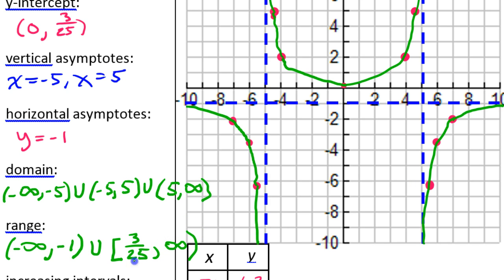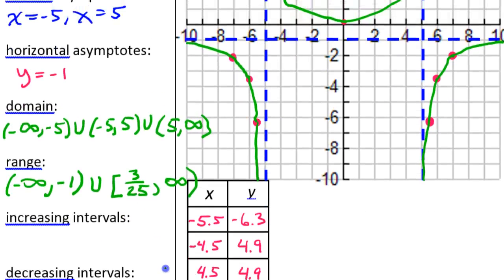And again, I'll put a bracket on the 3/25 because this point is not an asymptote or anything. The graph includes that point. It is the y-intercept. It's on the graph, the point (0, 3/25). So the bracket shows that this is included as part of the graph, part of the range.